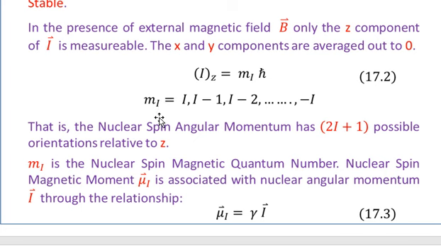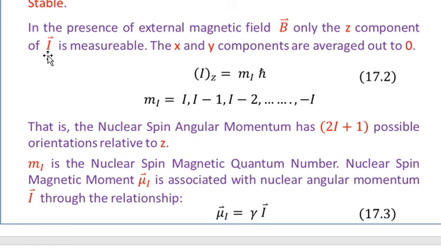So how many values of Mi will we have? It will have 2I plus 1. You know that Mi is actually referred to as the spin magnetic quantum number of the nucleus, which has 2I plus 1 possible orientations relative to the Z axis. So this spin vector capital I, how many orientations will it have when it starts precessional motion about the magnetic field B?